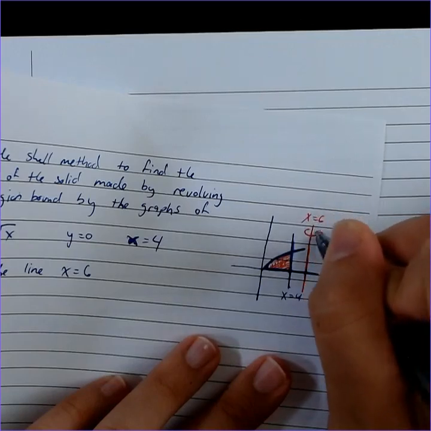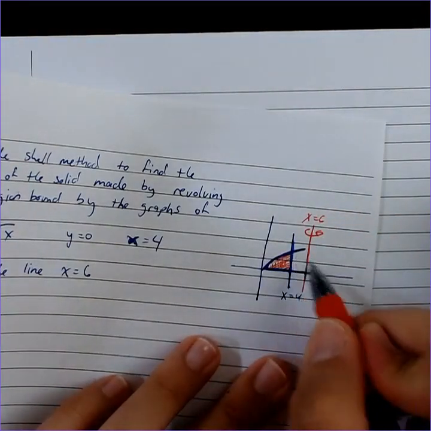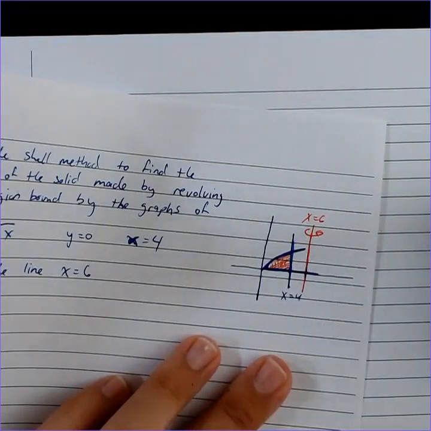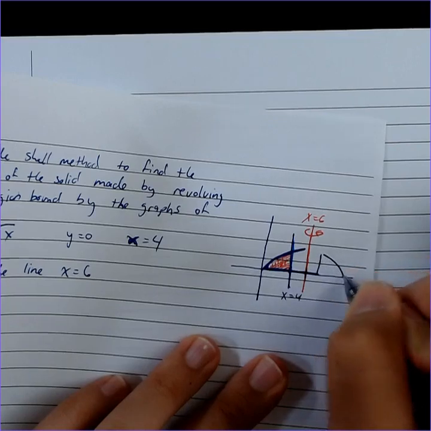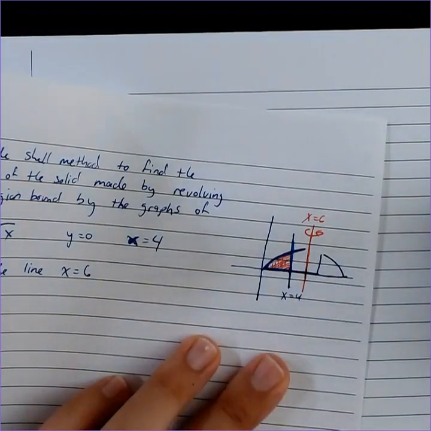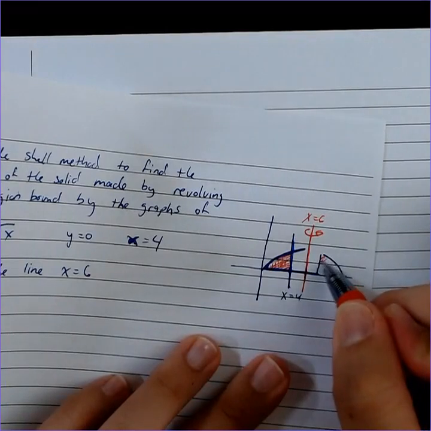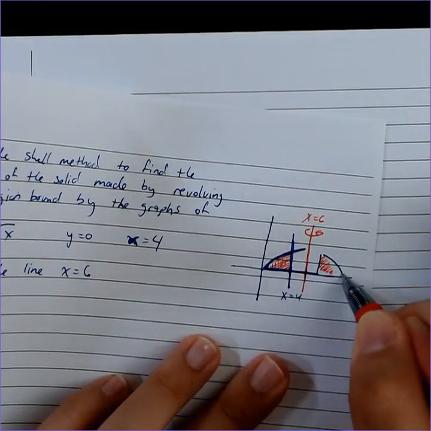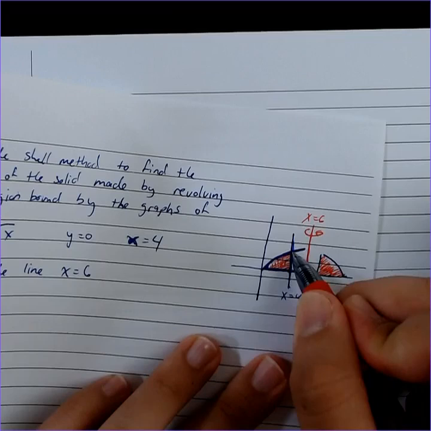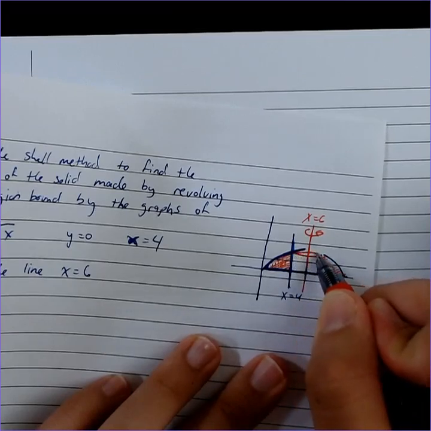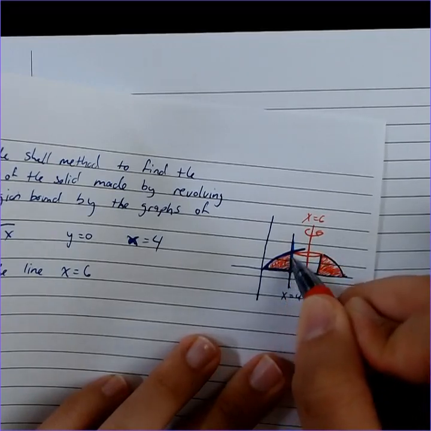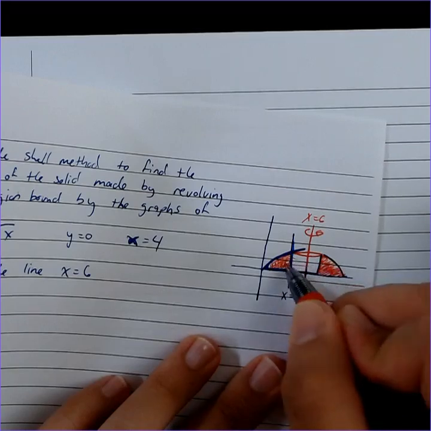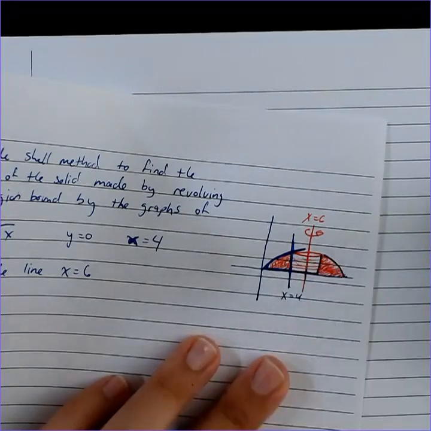And we're going to revolve around that line, which means this will spin around, and we'll end up with this object here. Something like that.